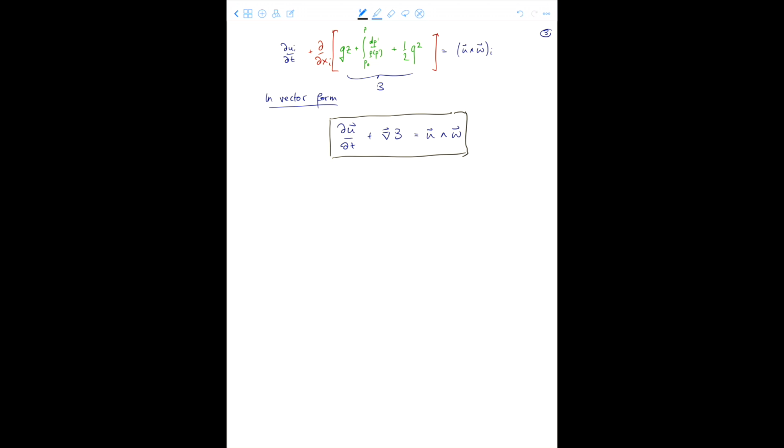So for example, let's consider now a steady flow. That means du/dt is 0. So this term goes to 0, and we're just left with the gradient of B is u cross omega.